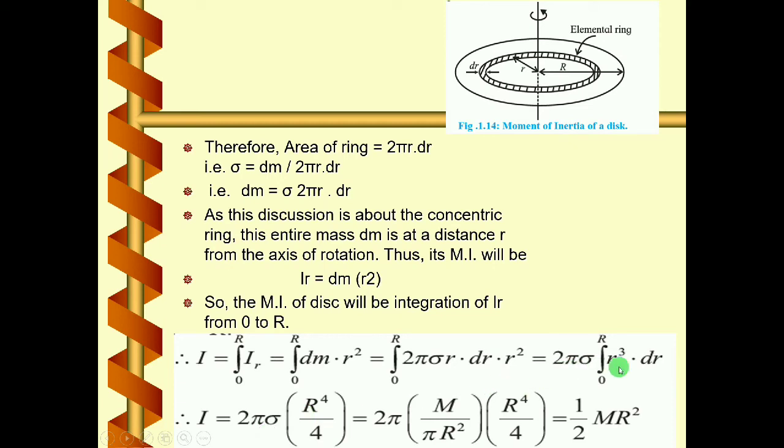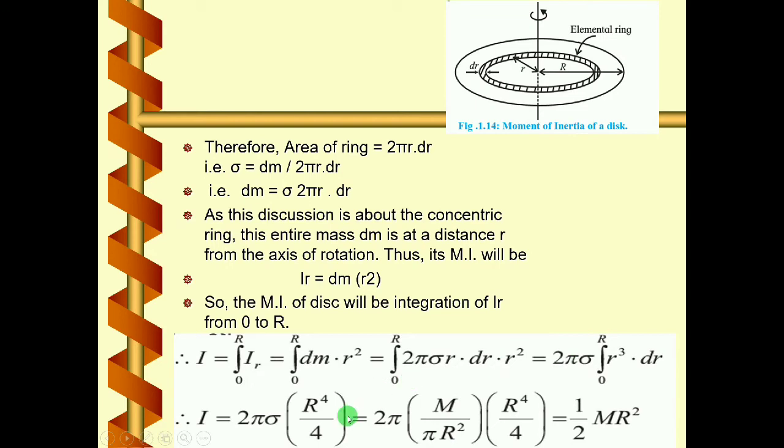We already know the general integration formula. Suppose you are taking the integration of x cube dx, it will be x raised to 3 plus 1 divided by 3 plus 1.